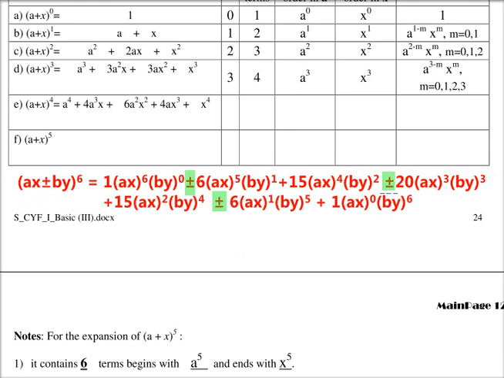You see that they follow the trend: the odd terms follow the sign, positive if positive, negative if negative, but the other terms are definitely positive. In your examination, you will have one like this to expand. Follow this rule, and then you can finish all the terms. Get it?